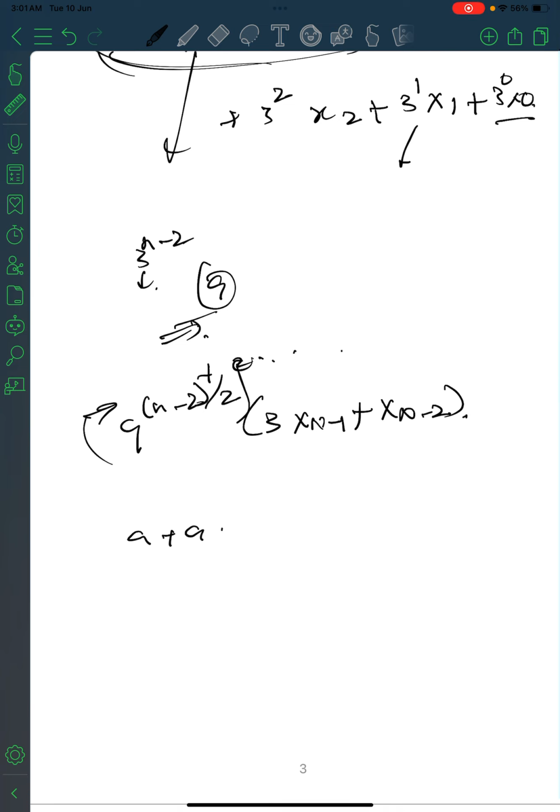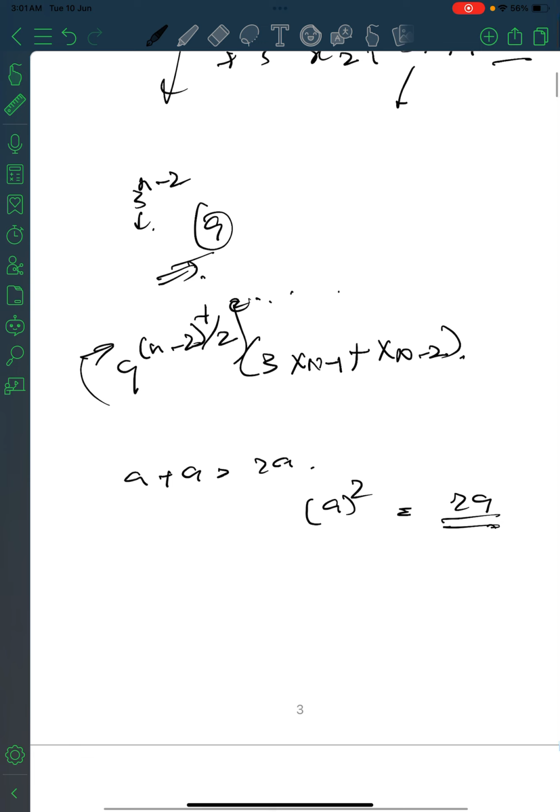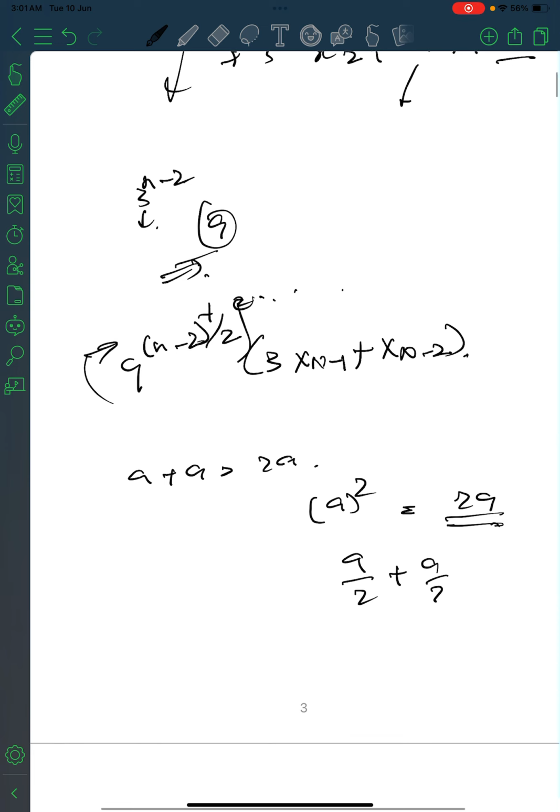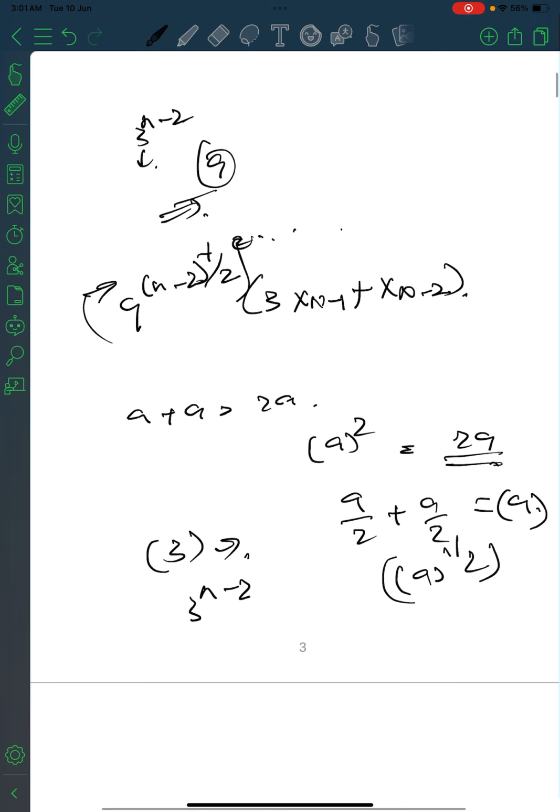A plus a is equal to 2a, or a to the power of 2 is equal to 2a squared, or a by 2 plus a by 2 is equal to a to the power of 1 by 2. So if 3 to the power of n-2 is there, for 9 what should we get? 3 squared is there and 2 is not there, so into 2 by 2.